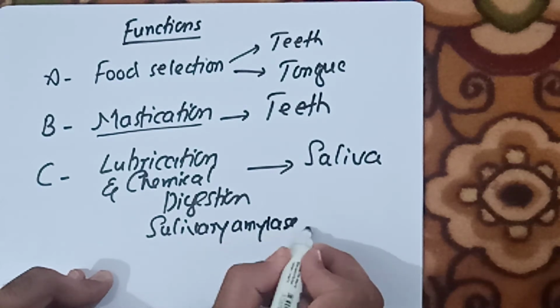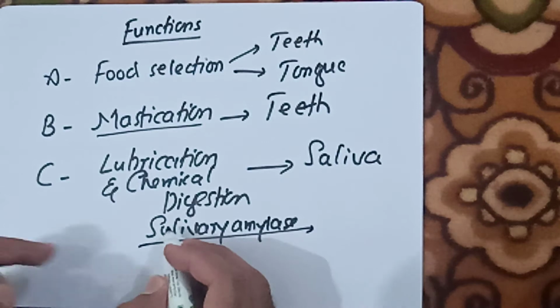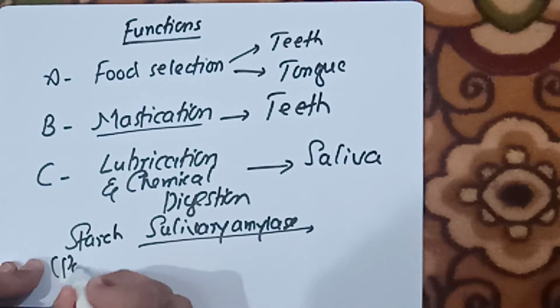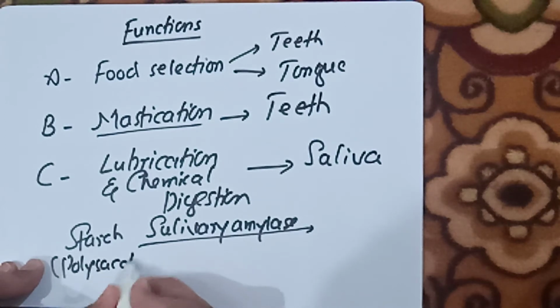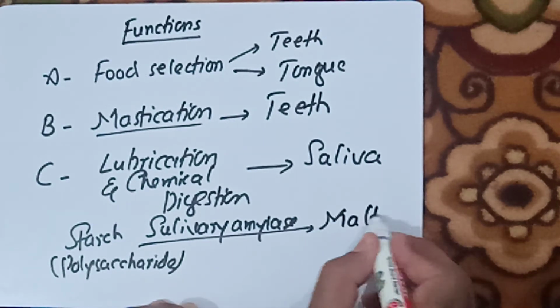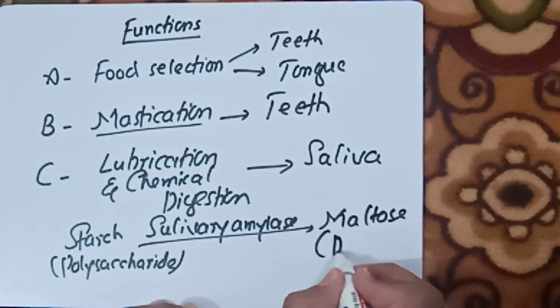This salivary amylase will break the starch, which is a polysaccharide, into maltose, which is a disaccharide.